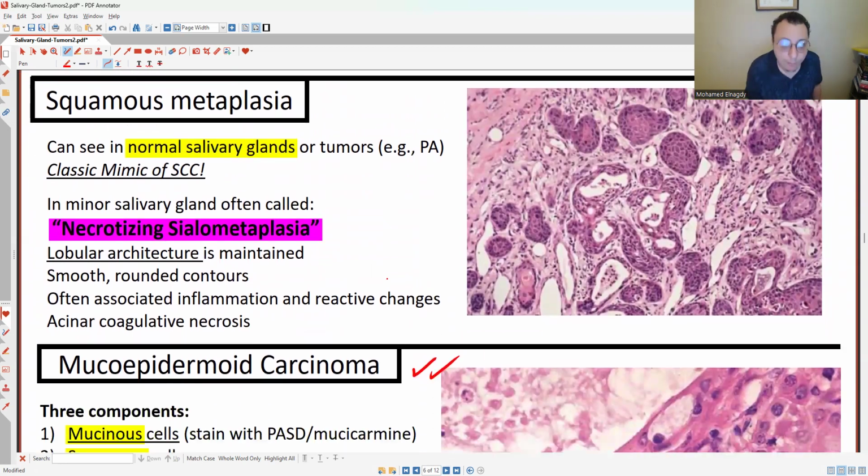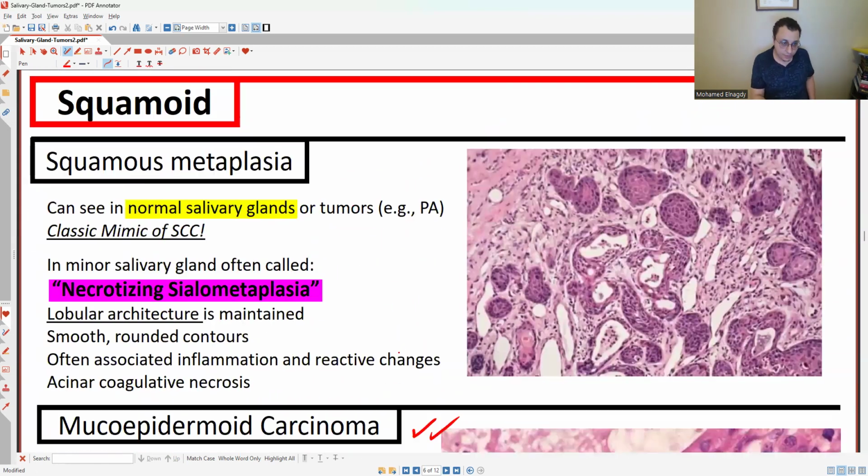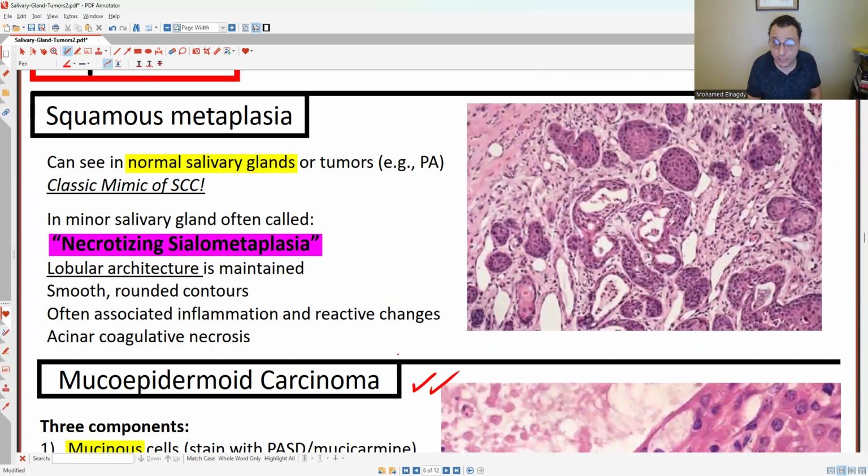Then moving on to squamoid or squamous. Please note that squamous metaplasia of the salivary glands might look very, very deceptive. Because when you see this, what might you think of? Anybody can jump in and tell me what you can think when you see this pattern?